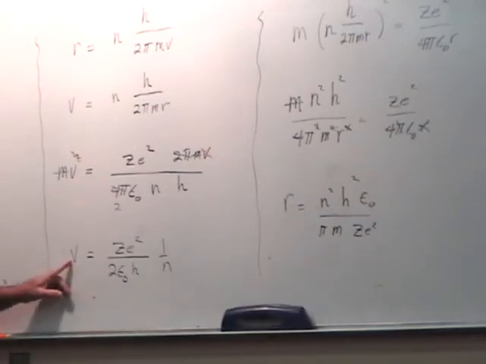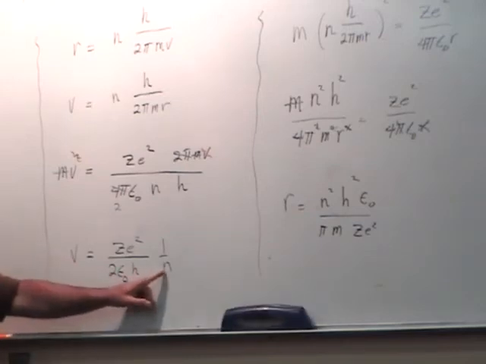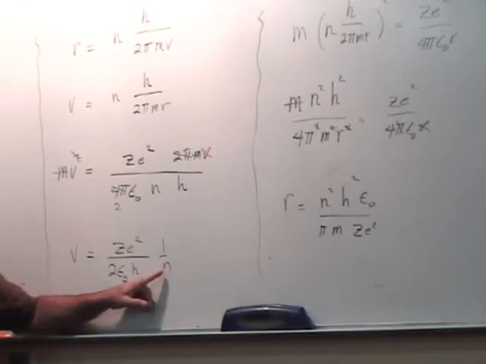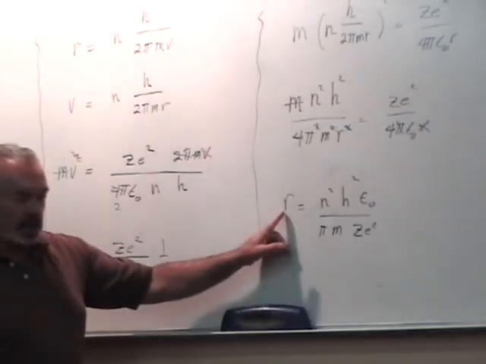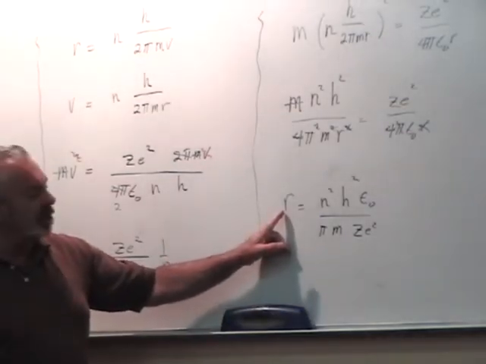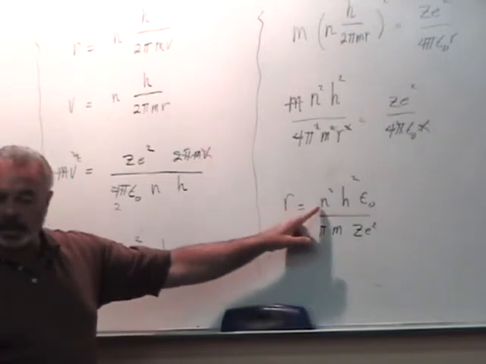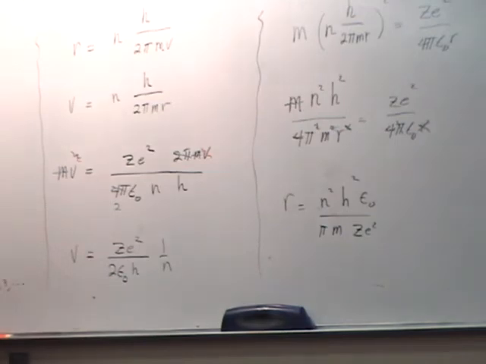There is an infinity of allowed velocities because n can range from 1 to anything. And likewise, there is an infinity of r solutions because, again, n can range from 1 to anything, counting numbers-wise. So, great, we have a pretty good start on our theory. We have quantized velocities and radii.